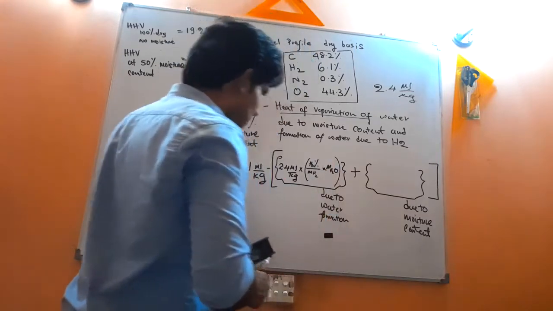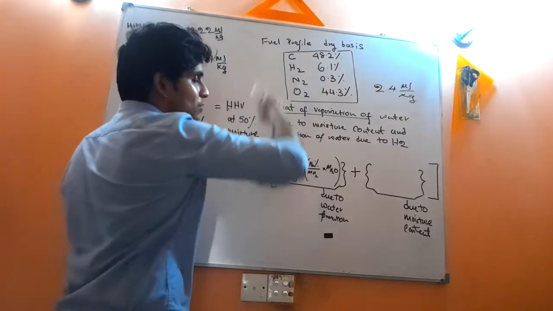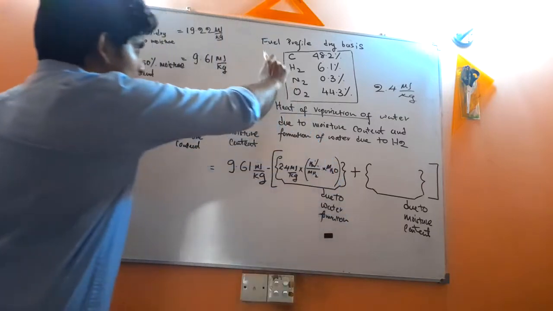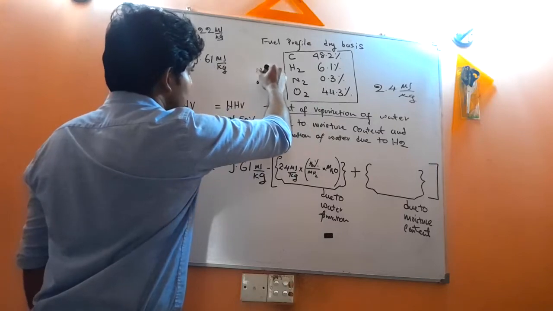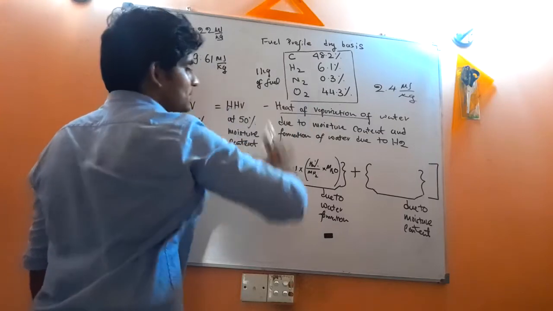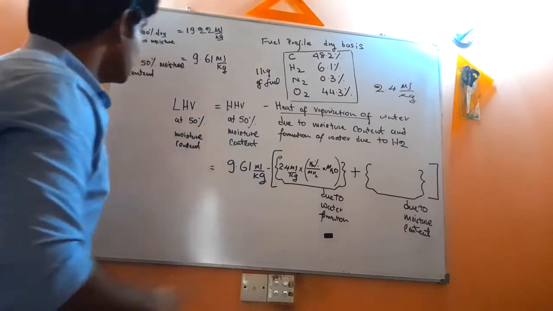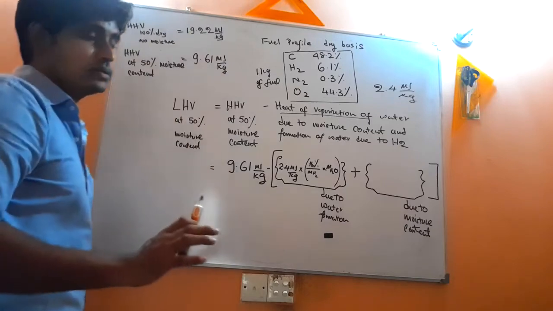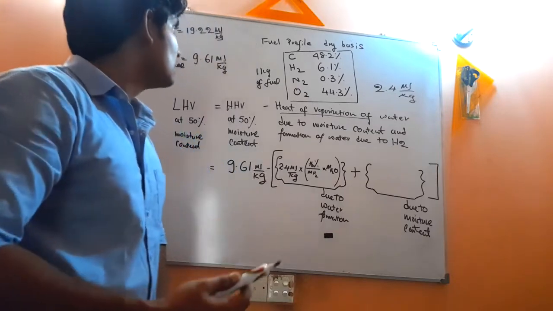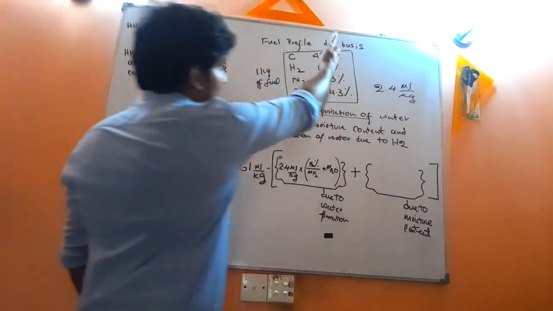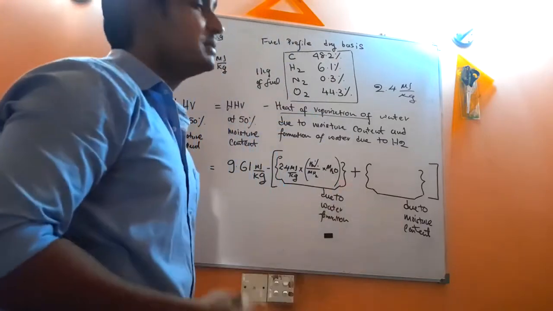Now let me tell you something. If you consider the percentage of hydrogen, look again at the fuel profile. This profile is based on 1 kilogram of fuel. But in this scenario we have to consider the 50% moisture content. 50% moisture content means 50% moisture, and the other 50% is the pure fuel. So these respective percentages must be multiplied by 50%, that is 0.5.